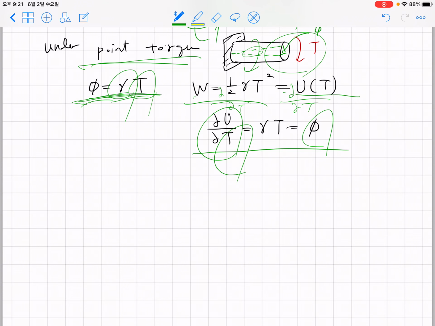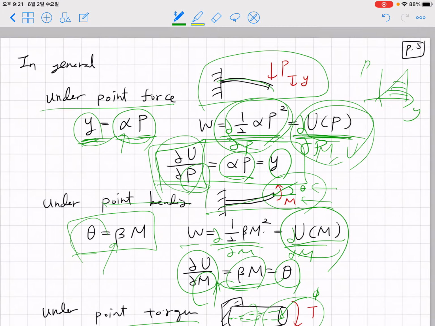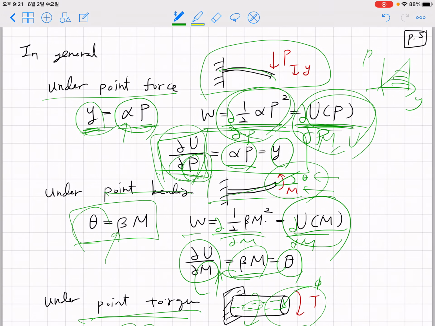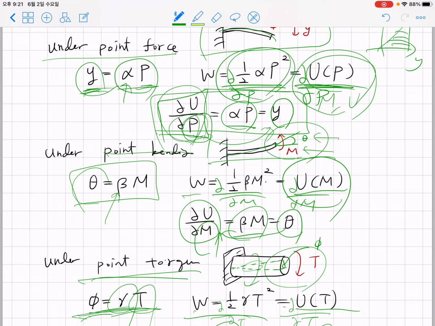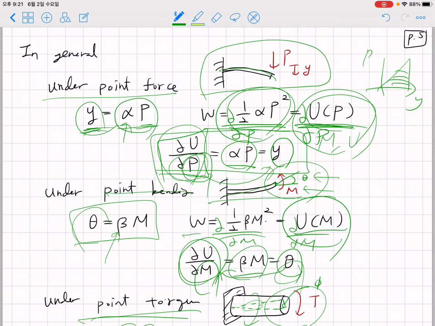Okay, and you don't need to worry about the dimension. If you take the partial derivative over force, you're going to get deflection. If you take the partial derivative over the torque dimension, you're going to get the angle along that torque direction. Okay, so this is the implication and the principle of the work energy method.